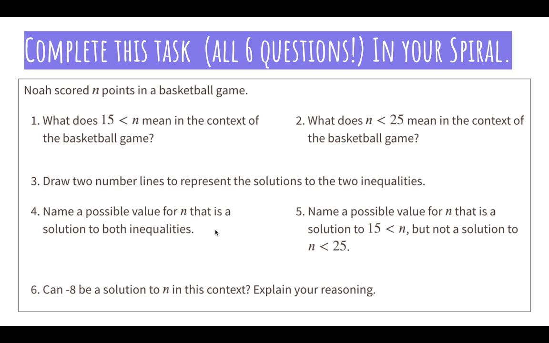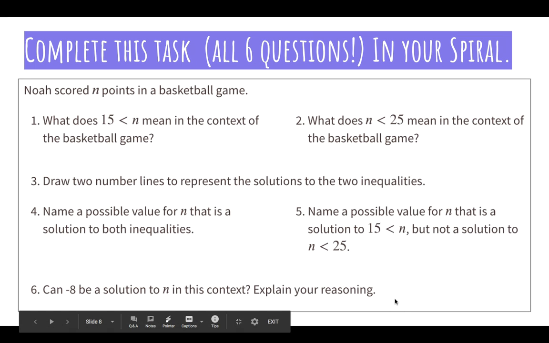Number four, you'll name a possible value for N that's a solution to both inequalities, 15 is less than N and N is less than 25. Number five, name a possible value for N that is a solution to 15 is less than N, but not a solution to N is less than 25.